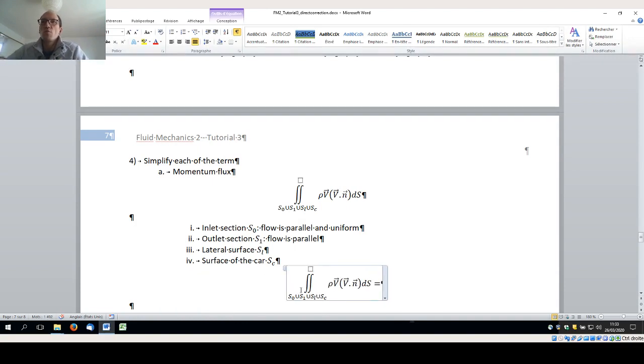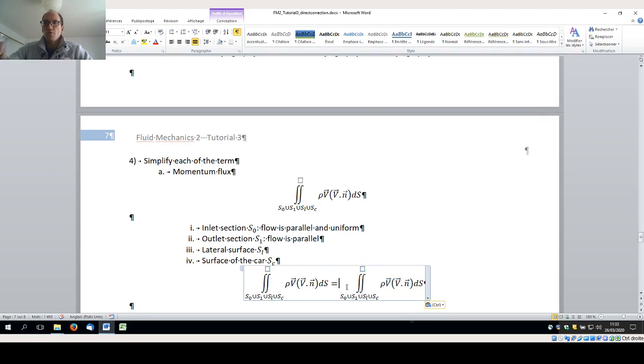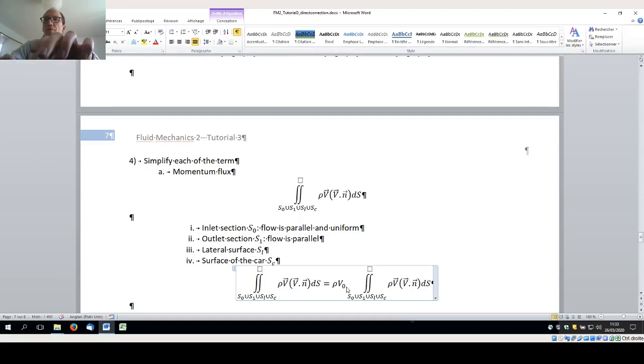So this is equal to what's happening on S0. Since the flow is uniform on this section, you can simplify the integral.